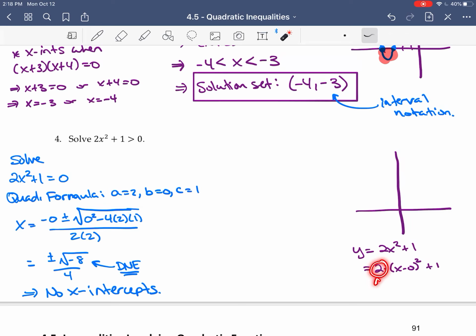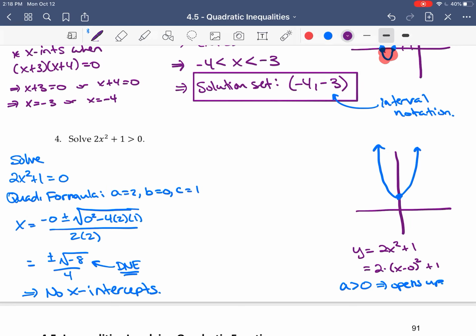And it's been vertically stretched by 2, but that's not going to move it, it's only going to move the y values up higher. So our graph is going to look something like this. We can see that it never touches the x-axis, but in fact knowing that it opens up is enough. a is 2, which is bigger than 0. So if it opens up and it doesn't cross the x-axis, then it has to be above the x-axis. That is enough for that.